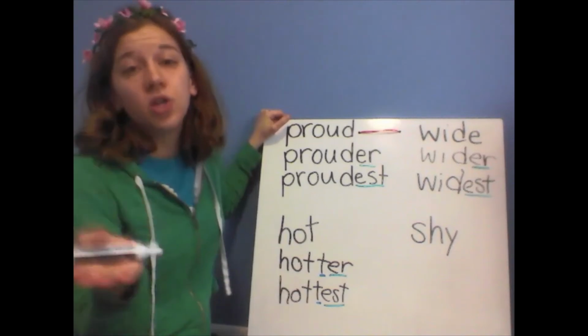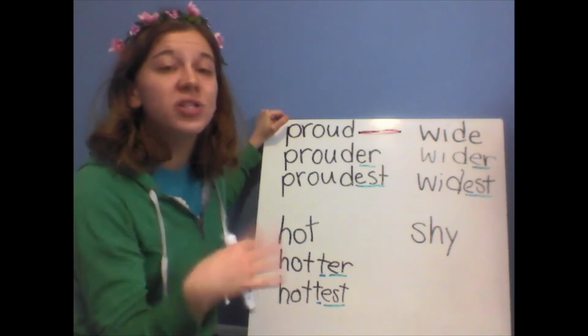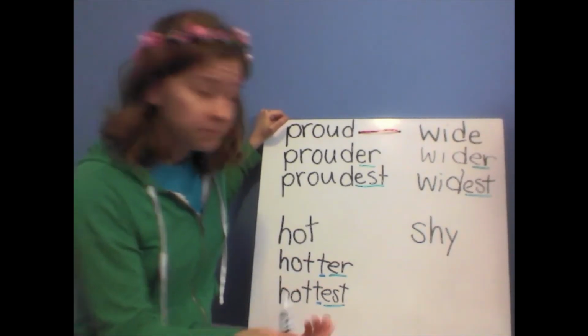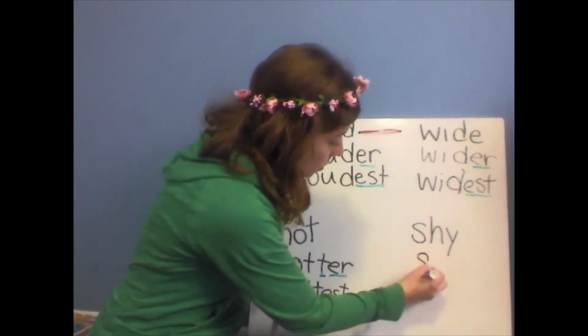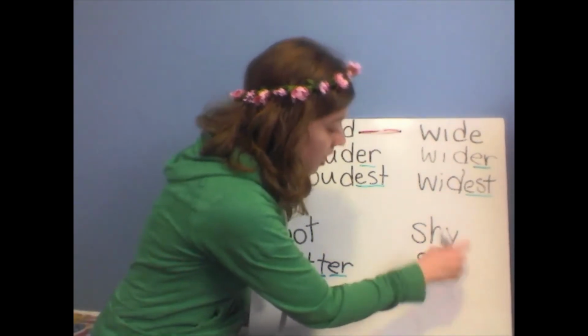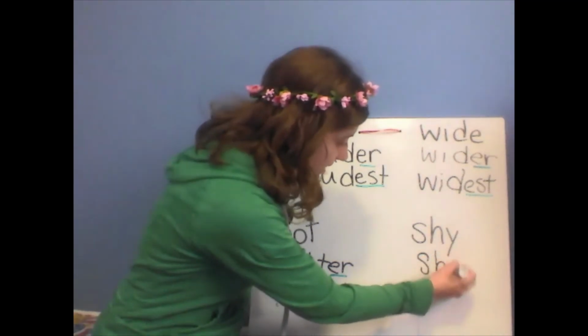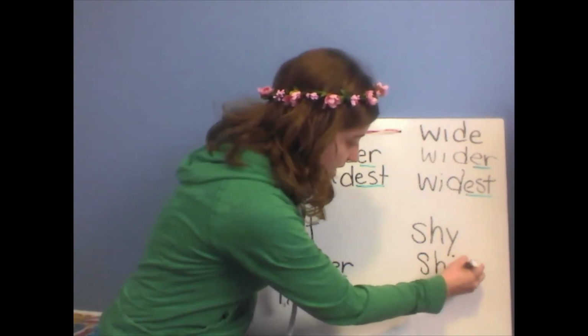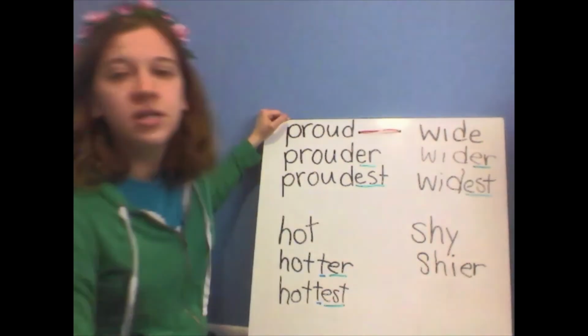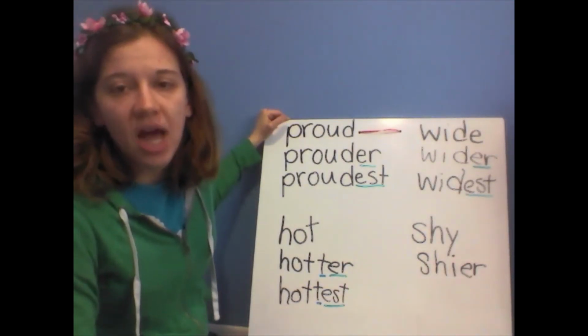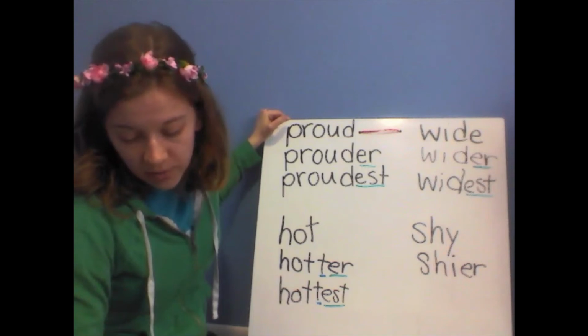So you can say, one person is shy, but then you can say another person is shyer, right? So, we are going to do SH, not Y. Remember, we replaced that Y with an I, S-H-I, and then ER. Shyer. Someone is shyer than another person, right?